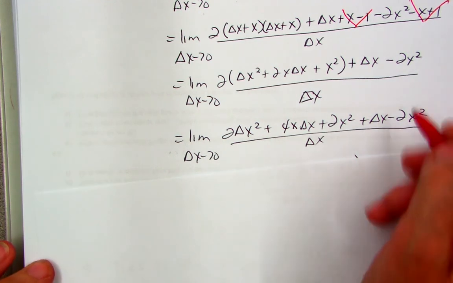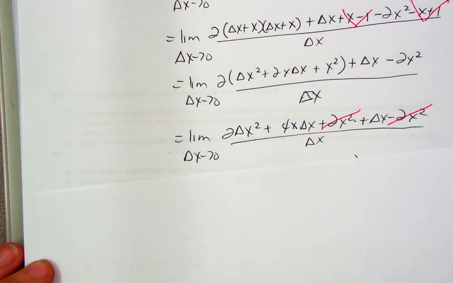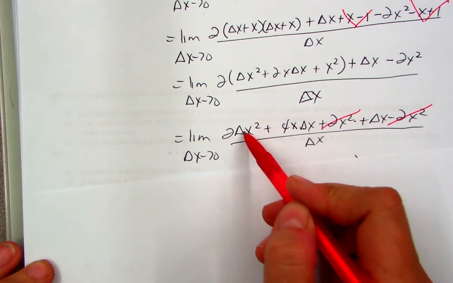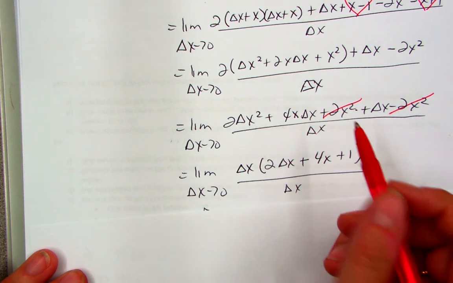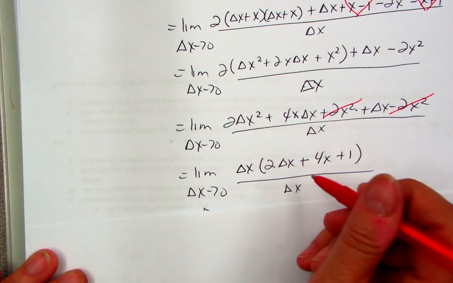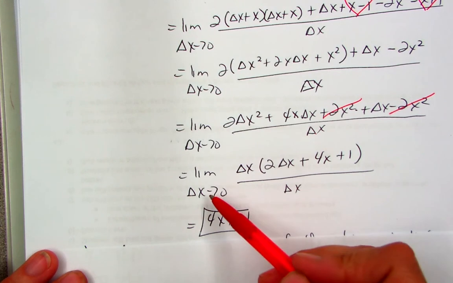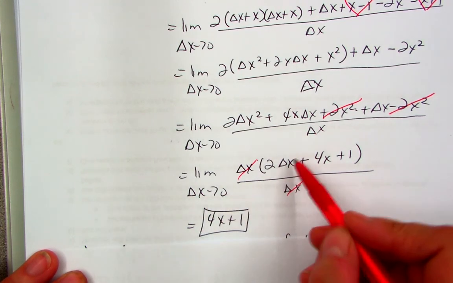Negative 2x squared, positive 2x squared. That's it. So I need this gone, but there's a delta x in this term, and this term, and this term. So let's factor them out, because I've got to stay focused on what I need. I need to find the limit. So these 2 cancel. Then I take the limit, now that I can cancel this. Where does the delta x go? To 0.